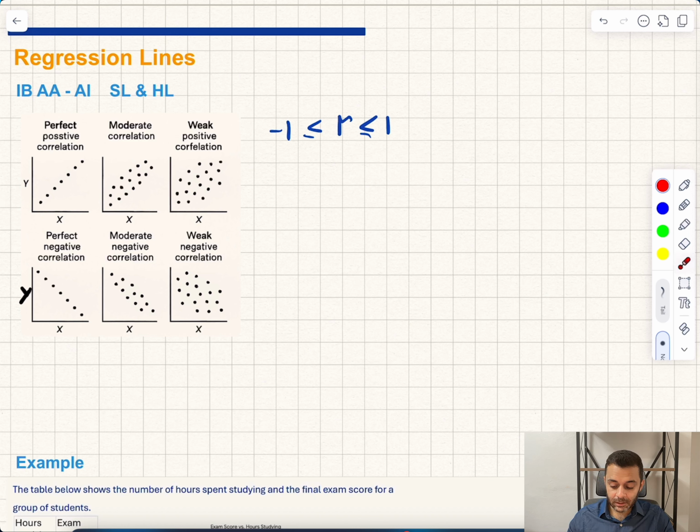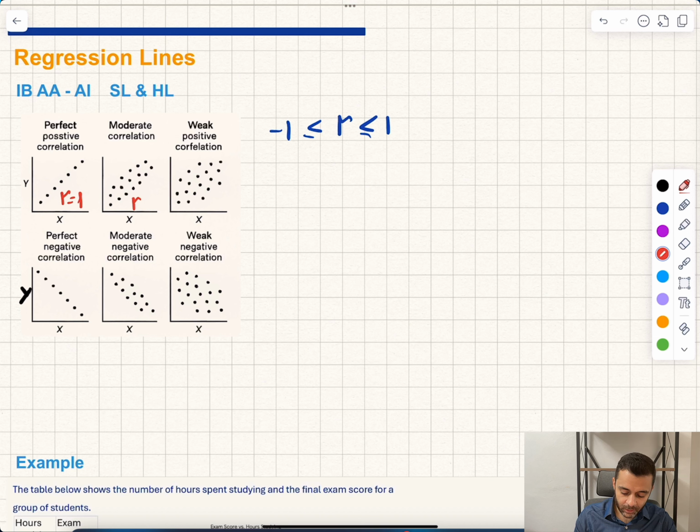And the closer R to 1, the stronger the correlation will be, but it will be positive. And similarly, the closer R to -1, the stronger the correlation will be, but it will be negative. So here, this is the strongest positive correlation. So here R will be 1, the highest value.